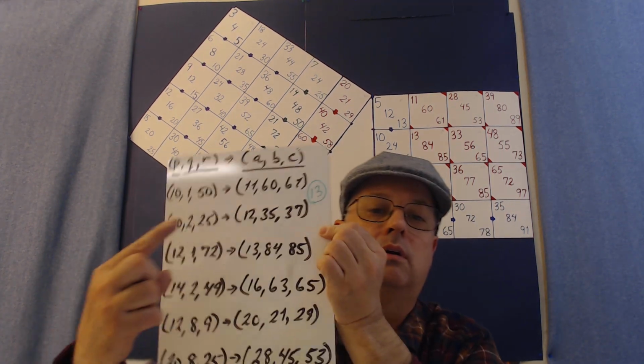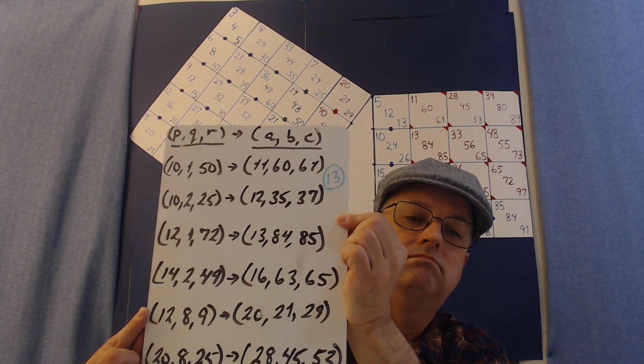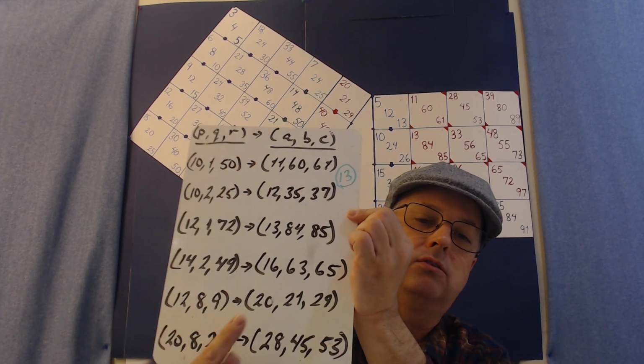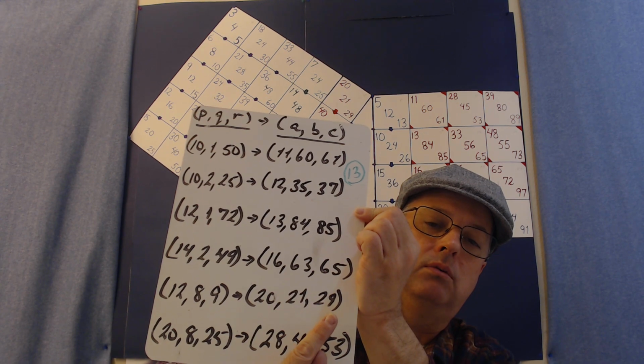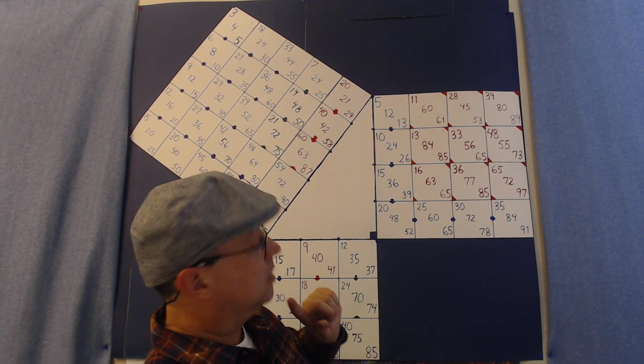All right, so I put 12, 35, 37 in there for good measure. Okay, that's all right. And there's the 20, 21, 29 again. Okay, all right, and then here's the 28, 45, 53. That's this one here. Okay, that's in our list.